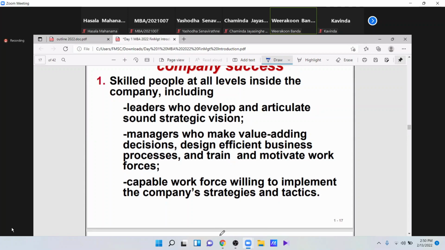They contribute through their normal, regular work habits, and at the end of the period they get some return. Then we can say that that particular company is a successful company.